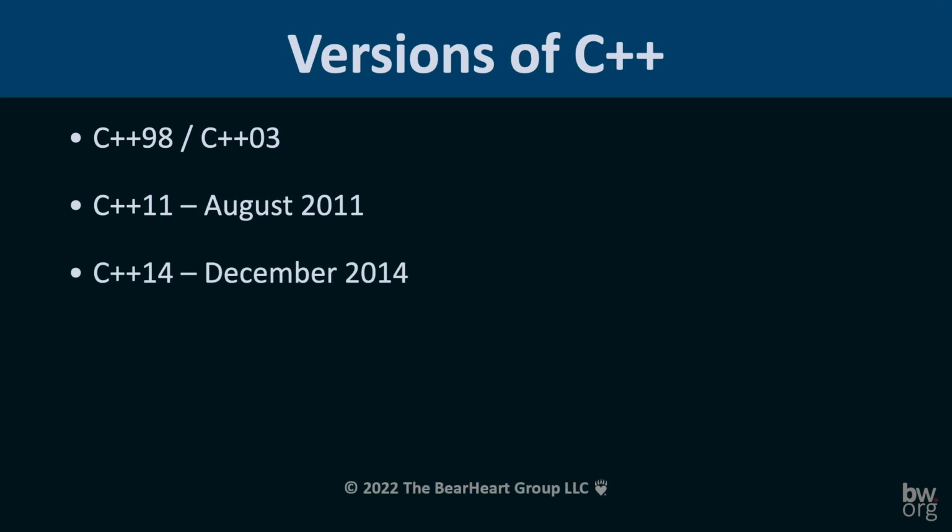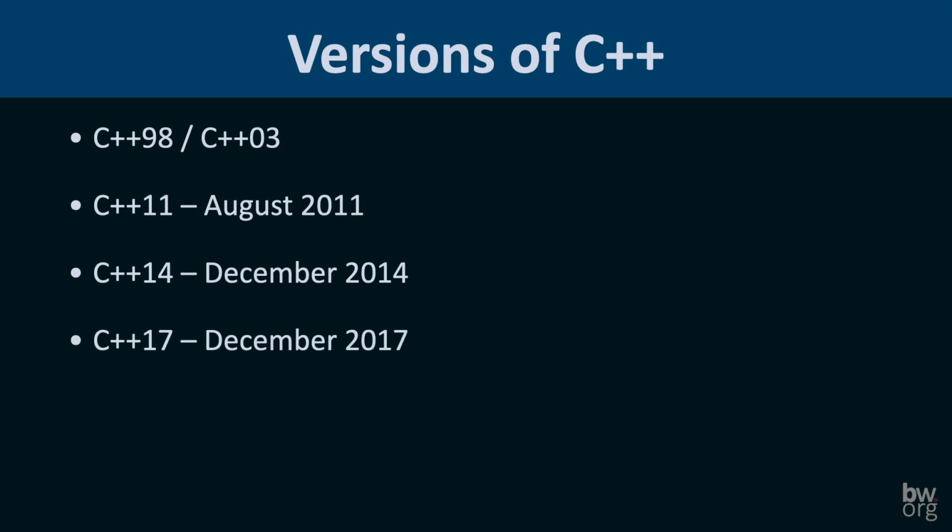C++ 14 was another small maintenance release and did not include any major changes to the language. Ratified in December 2017, C++ 17 includes mostly refinements to existing features. The C++ 20 standard includes a number of new features, including a modern text formatting library, modules, a ranges library, concepts, and coroutines.